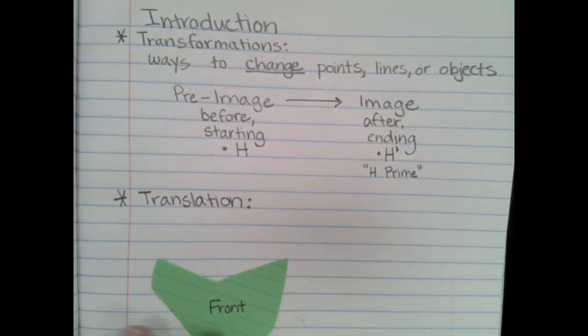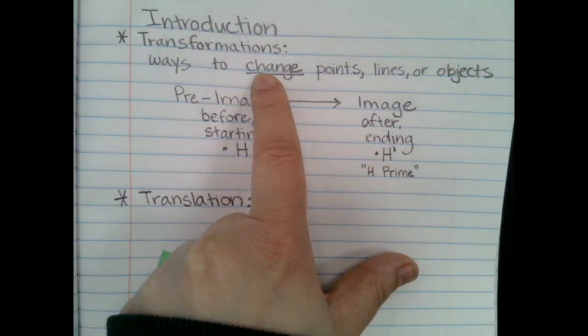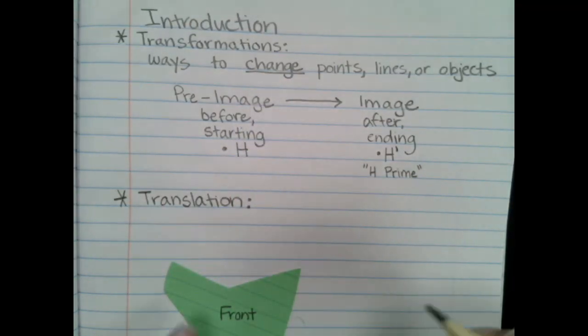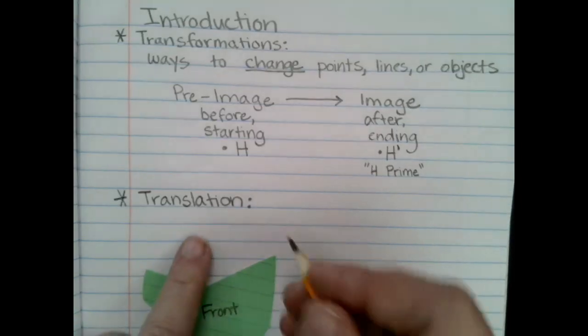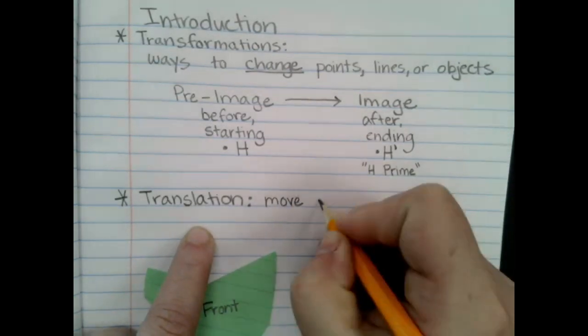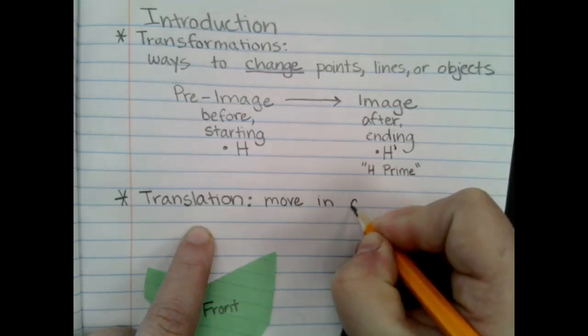What does a translator do? Yeah, it helps you understand it. It changes the language in a way that makes you understand it, either in ASL or to a different language. Okay. But when we talk about translation here, it means that we're going to move in a direction.